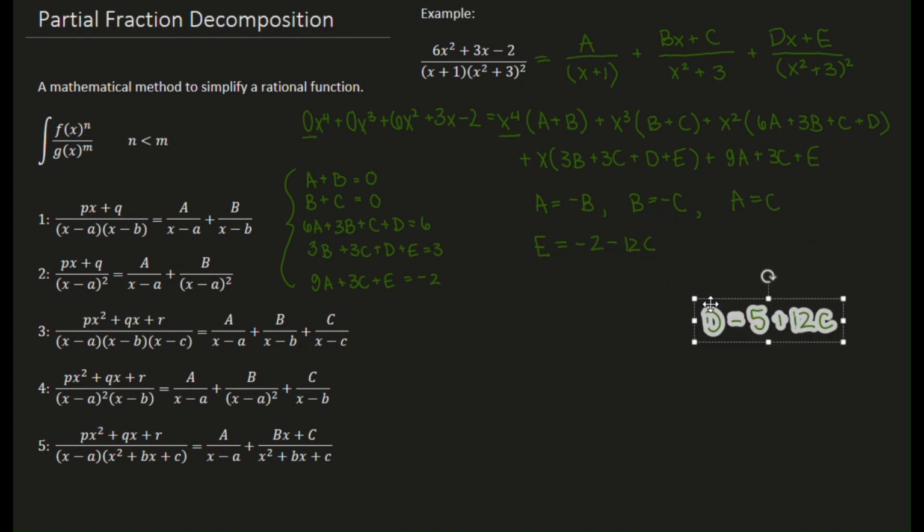Now I'm going to use this third one here, plugging in what I've already found for some of the expressions. So I'm going to write 6, instead of writing a, I'm going to write c, because a equals c, plus 3b, instead of writing b, I'm going to write -c, plus c, plus, instead of writing d, 5 plus 12c.